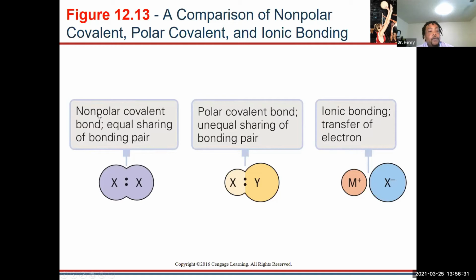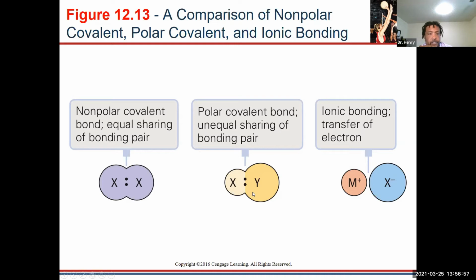So when we talk about nonpolar covalent bonding, that basically means that things are being shared evenly, right? The bubble shows you it's being shared evenly, so both of these are the same size. Now, polar basically means that you're sharing unevenly. In this case, Y gets the electron more times than X does.